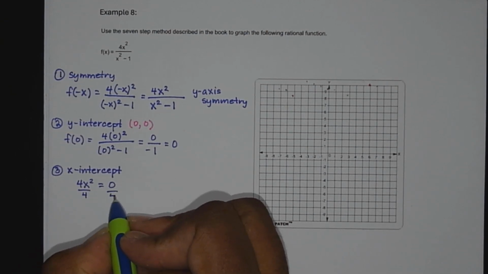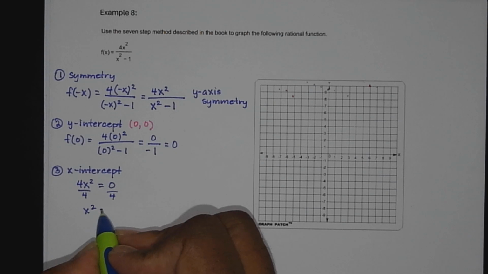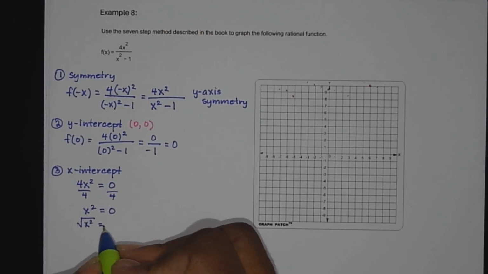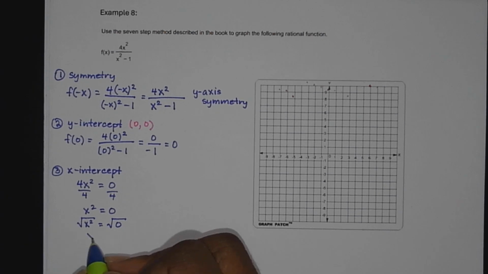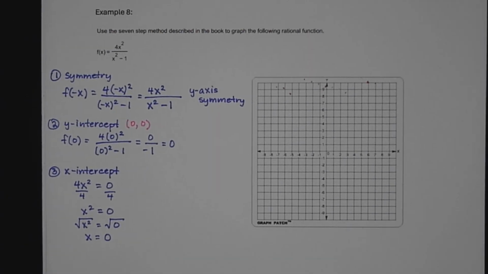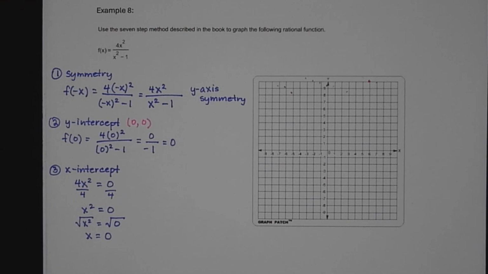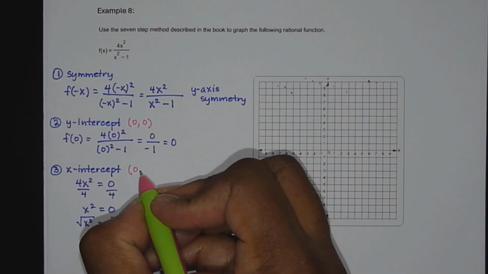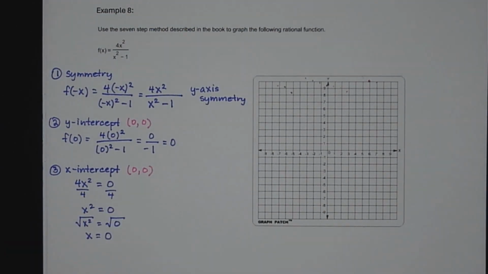If I divide by 4, that means x squared is equal to 0. Then take the square root on both sides to get x by itself, so x would be equal to 0. Notice I didn't use plus or minus because 0 is neither positive nor negative. So my x-intercept is the ordered pair 0, 0 as well.